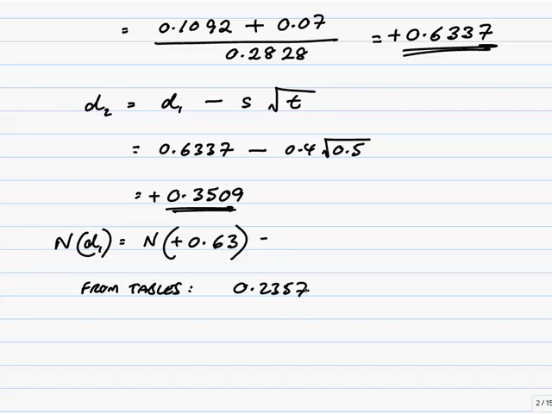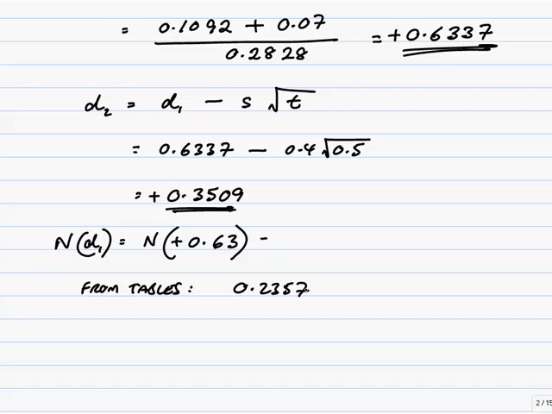However, there's now one little trick that I said to you earlier. D1 here is 0.63. Although ours is positive, it could have ended up being negative. It could have been minus 0.63. Well, first of all, you look up the 0.63, ignoring whether it's plus or minus. So whichever it was, you'd get 0.2357.